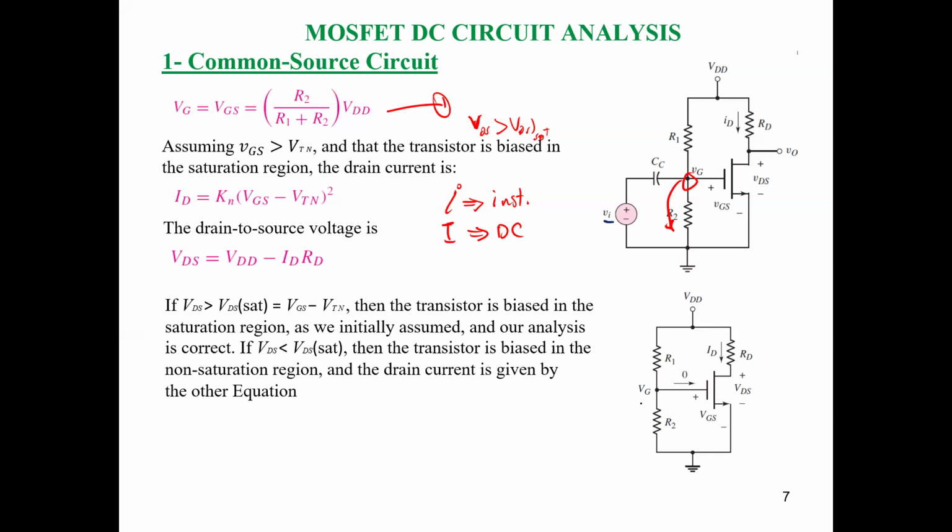Again, this is very important. Having a series capacitor in the circuit here means no DC component is going to flow from vi to our circuit. So I equals 0 in this branch, and I mean capital letter because this is DC current. No current will flow through the capacitor.